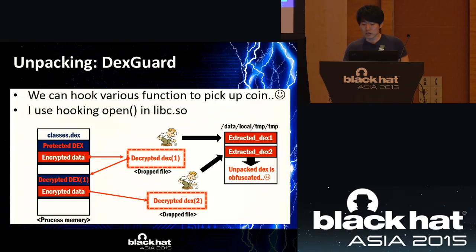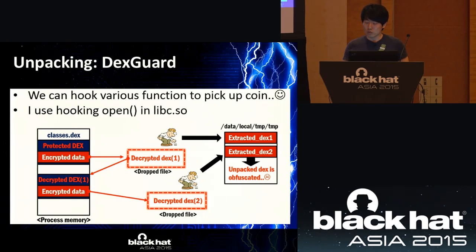Class encryption of DexGuard loads two dex files dynamically. The first one is the unpacking code, including the class descriptor and the loader. The second one is the unpacked dex. To extract the unpacked dex, I hooked the open function in Bionic. Actually, your unpacking method can be different from mine because you can hook every function you want, so you can make your own unpacking module with your creativity.